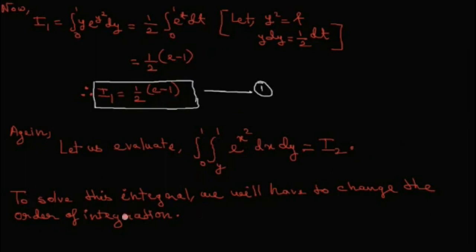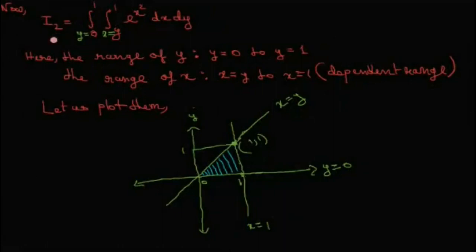We note that to solve this integral, we will have to change the order of integration. I am assuming that you all know how to change the order of integration. So I2 is the integral 0 to 1, y to 1, e to the power x square dx dy. Now we note that this inner integral has lower limit y and upper limit 1.